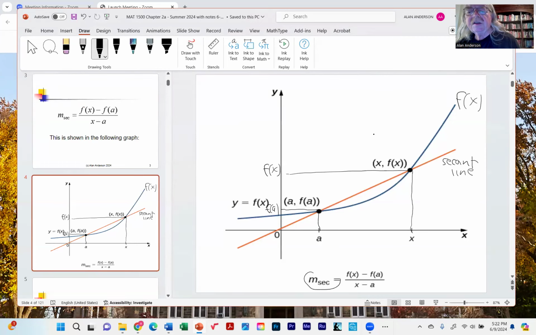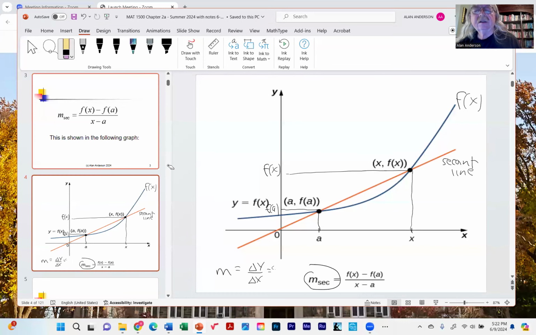So the slope of the secant line, and remember the slope simply means delta y over delta x, or you can think of it as f of x2 minus f of x1. Actually, I'm running out of space here. Let me move this up here somewhere. Okay, here we go.